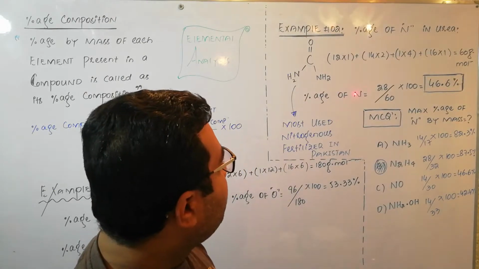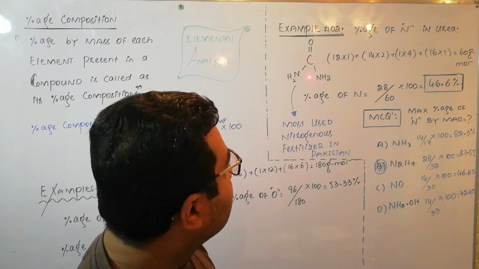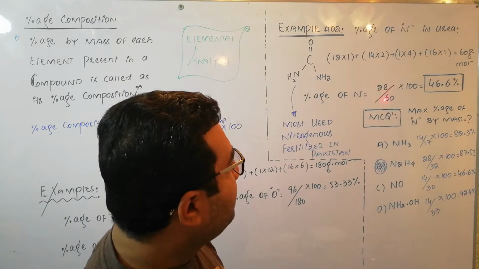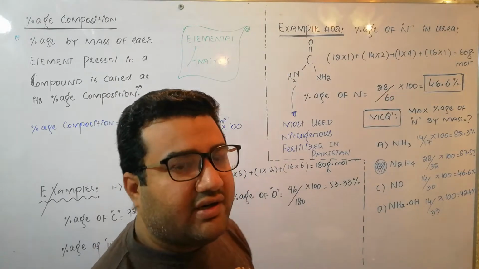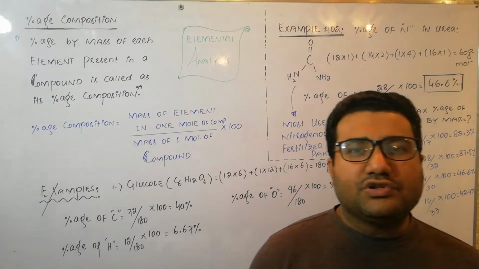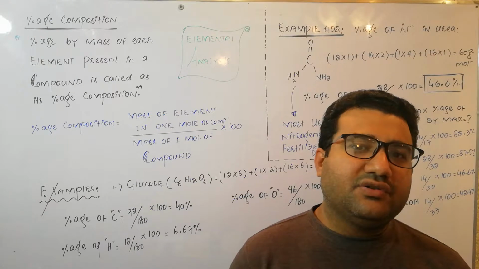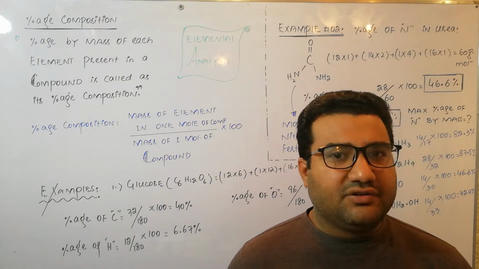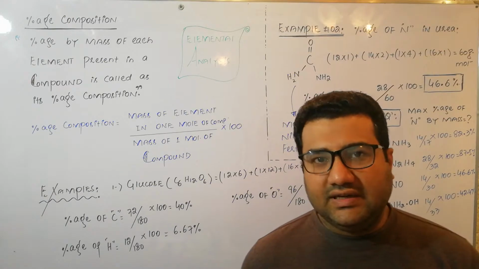Now the percentage of nitrogen is equal to the mass of nitrogen, because there are 2 nitrogen atoms their combined mass will be 28, divided by the molar mass of urea, 60, into 100. It is 46.6%. Urea is the most commonly used nitrogenous fertilizer in Pakistan, and in it the percentage of nitrogen is 46.6%, which is very important for the MCQs.